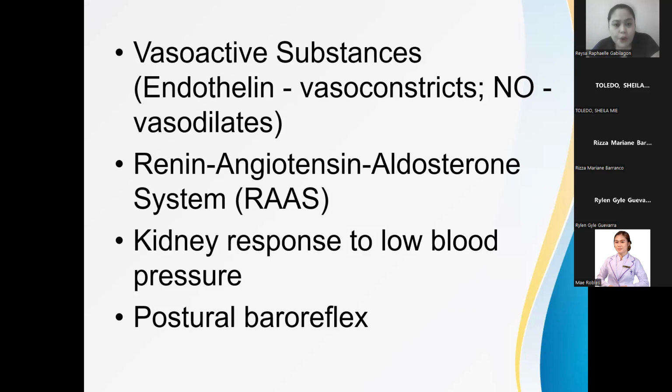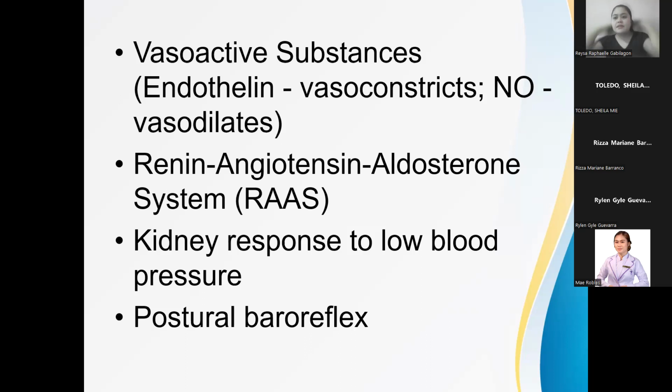And then also, we have the RAAS, renin, angiotensin, aldosterone system. So I don't know if you are familiar. Actually, I believe you are very familiar with the ACE inhibitors and the ARBs. Yan sila mga drugs na yan. Ang mechanism of action nila is on the RAAS. I'll explain that to you sa sunod.